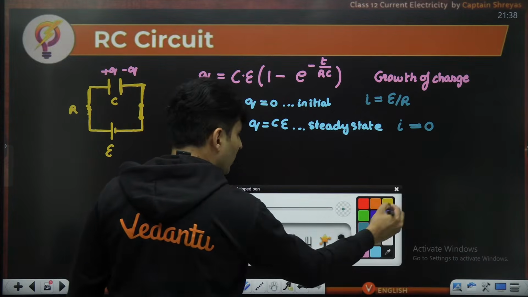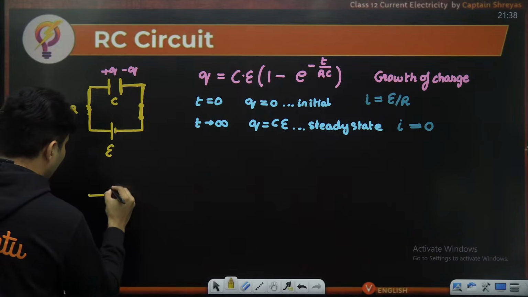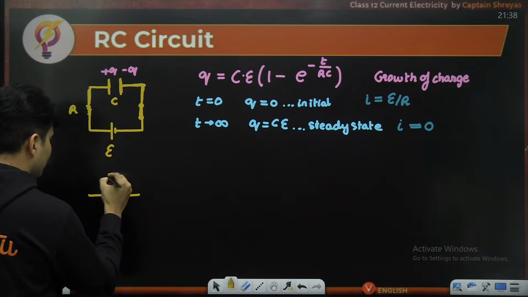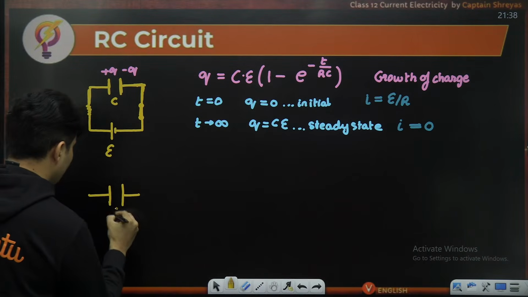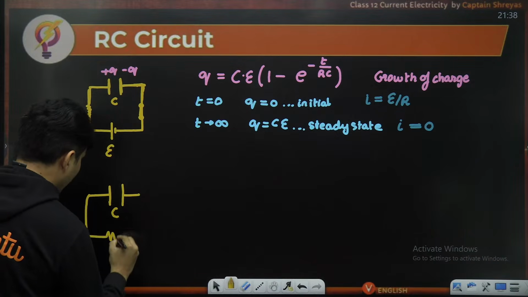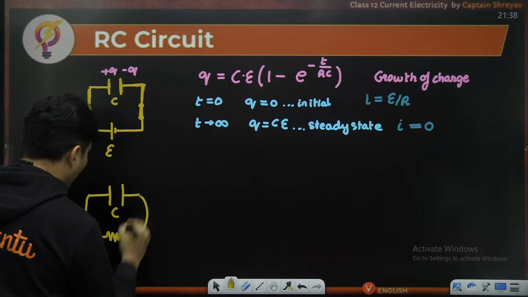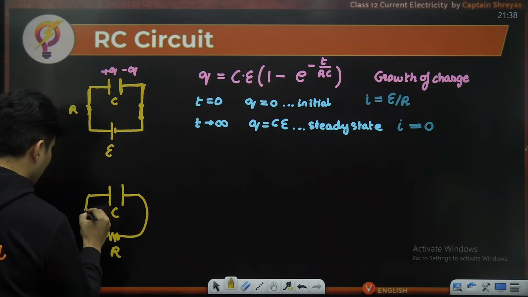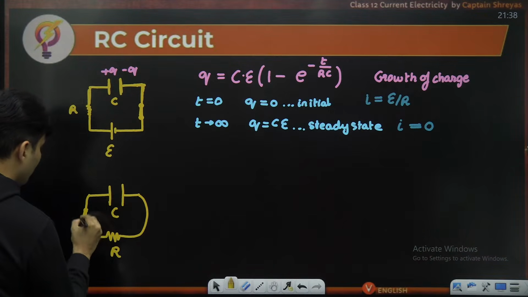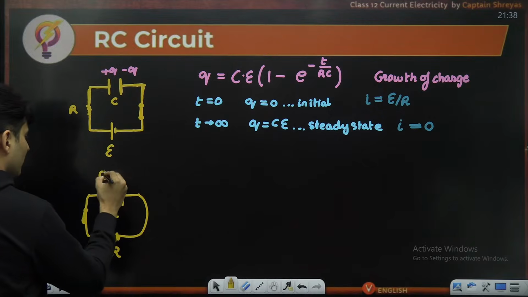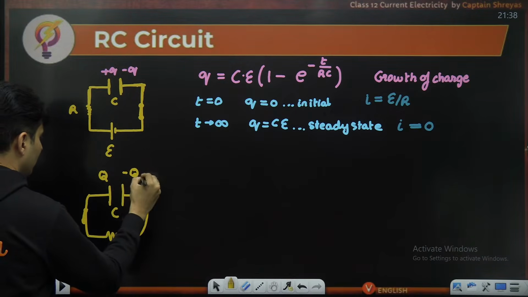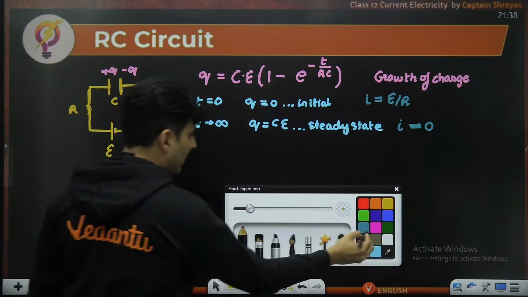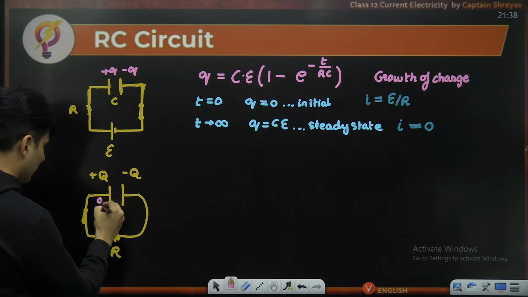Similarly, if you go the reverse way, where a capacitor is already charged, and you are trying to discharge it via a resistor. So there was a switch which is now closed. The original charge was Q, and now you are trying to discharge it. Eventually, the charge will start going down.